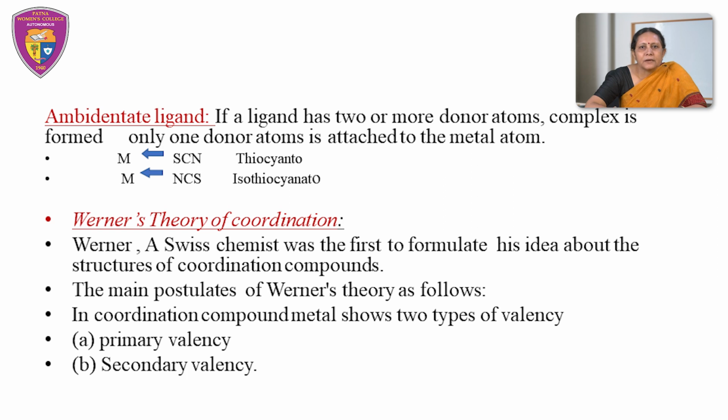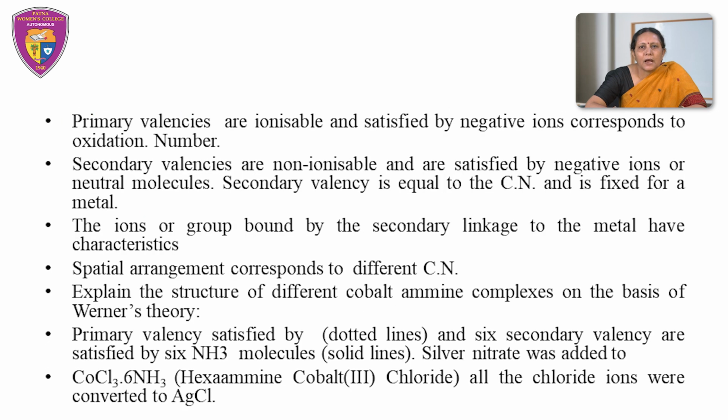Next topic is Werner's theory of coordination. Werner, a Swiss chemist, was the first to formulate his idea about the structure of coordination compounds. The main postulates of Werner's theory are as follows. In a coordination compound, the metal shows two types of valency: primary valency and secondary valency. Primary valencies are ionizable and satisfied by negative ions, and correspond to the oxidation number.